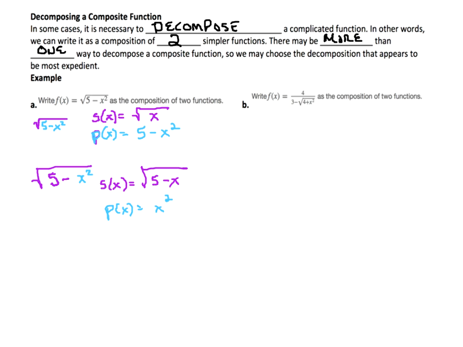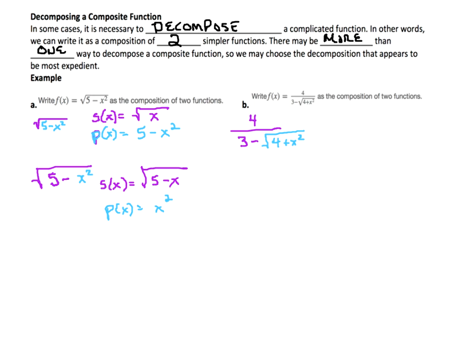So let's look at this last one. Maybe we see this as 4 divided by 3 minus the square root of 4 plus x squared.